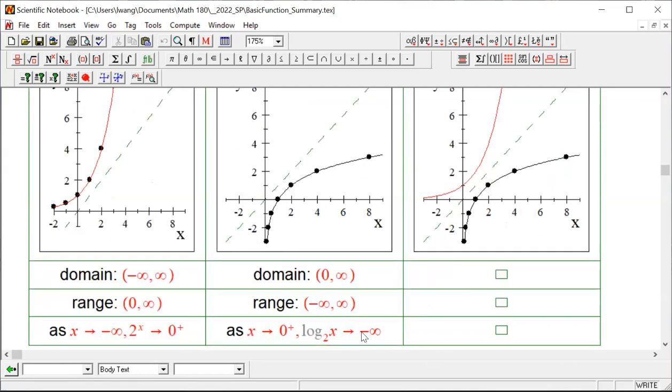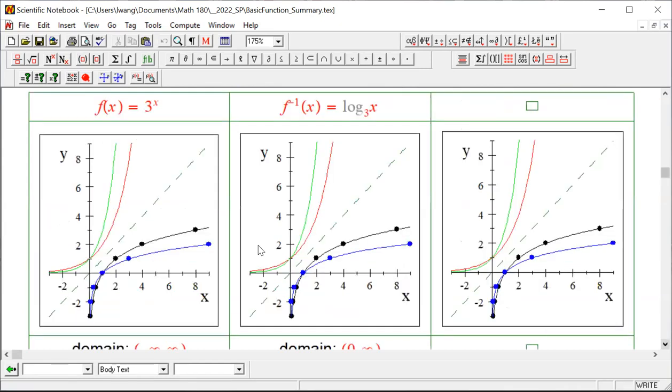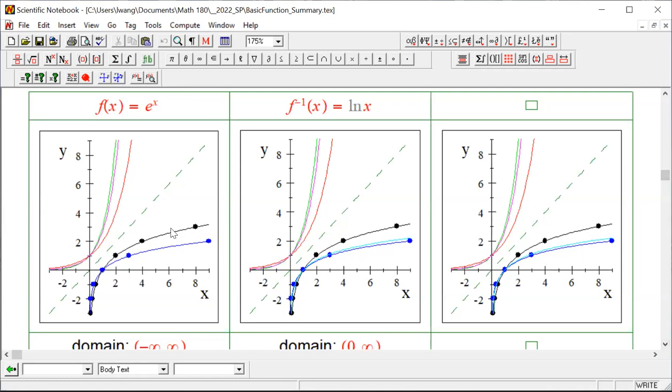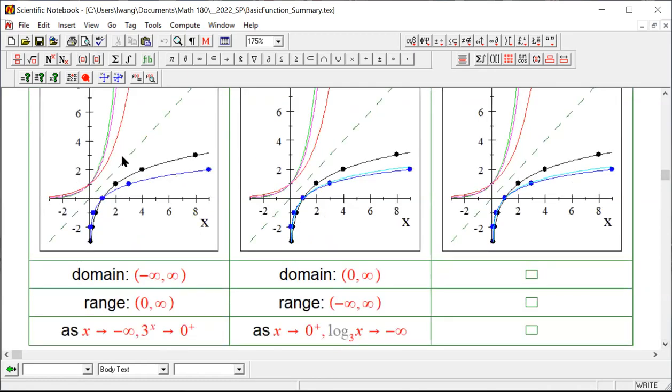One's domain is the other's range. We studied these for base 2 and base 3, and in comparison, what's the relative position between base 2 and base 3? And finally, we get to base e, which is one of the most important exponential and logarithm functions you're going to use in your future calculus classes.